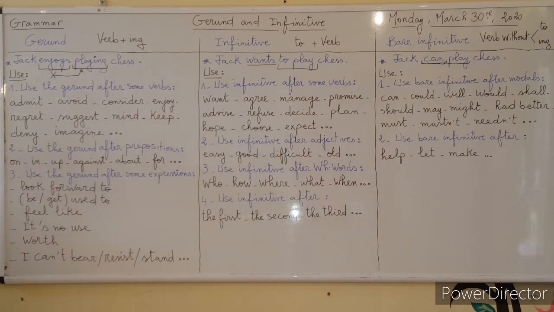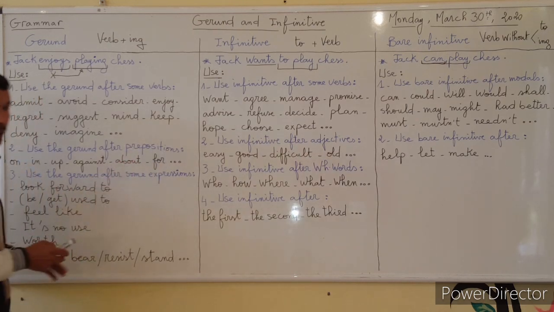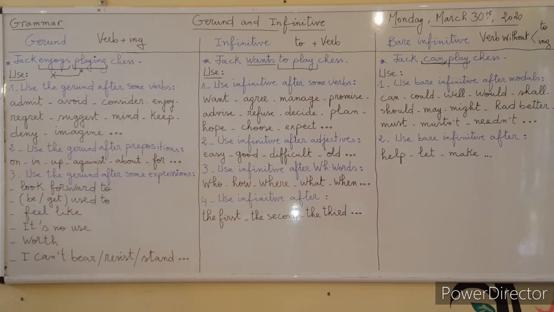Number 2 use of gerund is whenever we have prepositions. I think this is very easy because prepositions in English are many, but all of you know well what we are talking about when we mention a preposition. What is a preposition first?